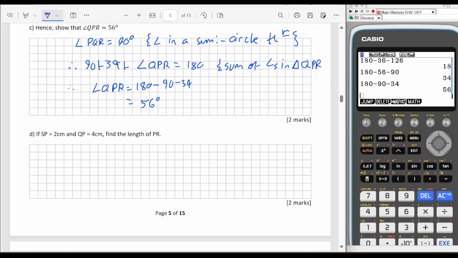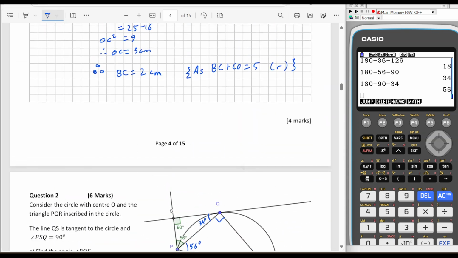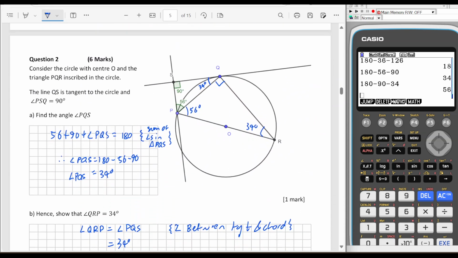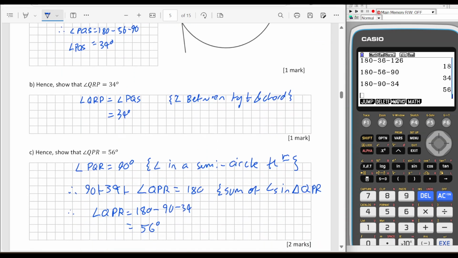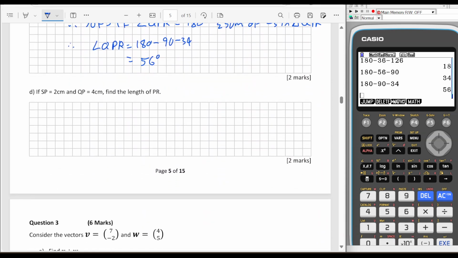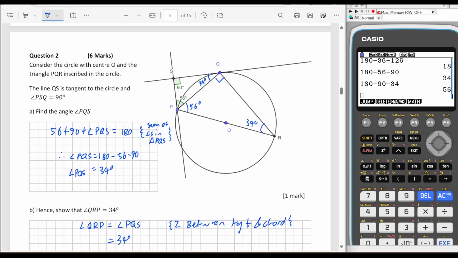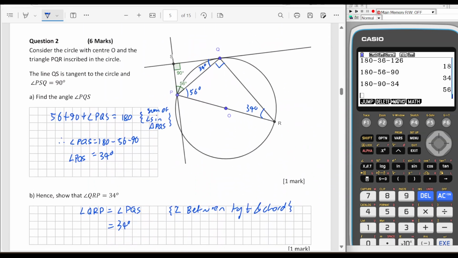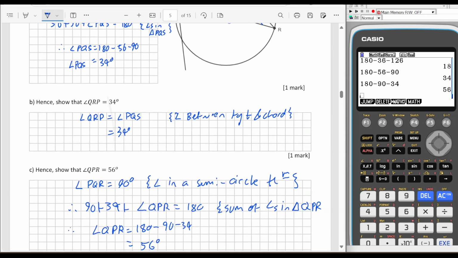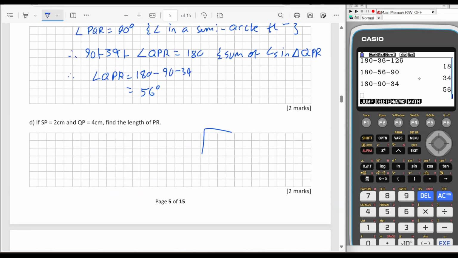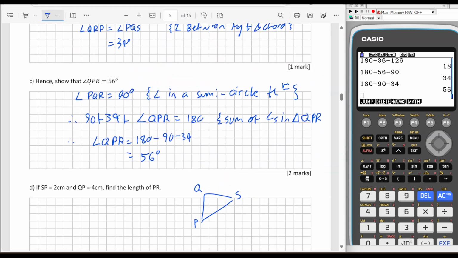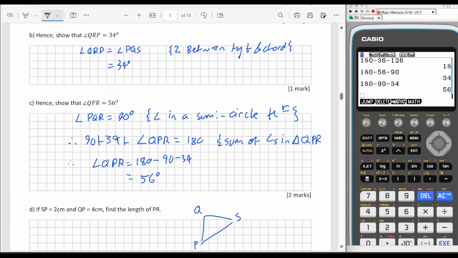All right, SP is 2, QP is 4, find PR. Now this is really, I would say it's one of the harder questions on the exam. But once you see how to do it, it's not too bad at all. I'm going to draw these two triangles, PSQ. And really importantly, 56, 34, 90.